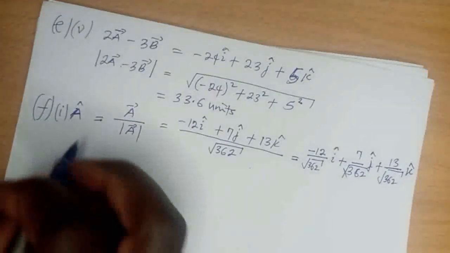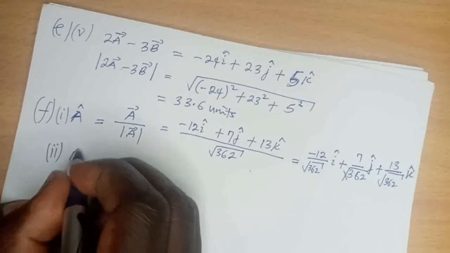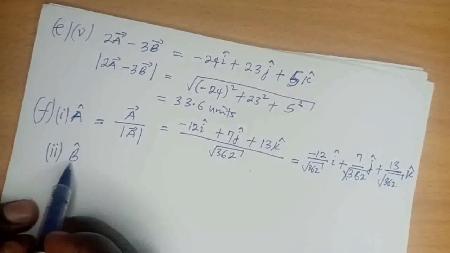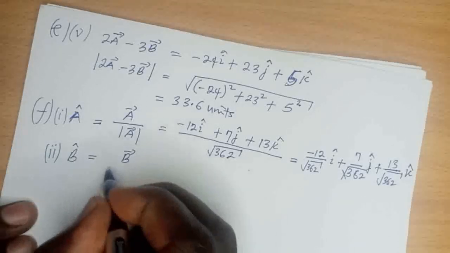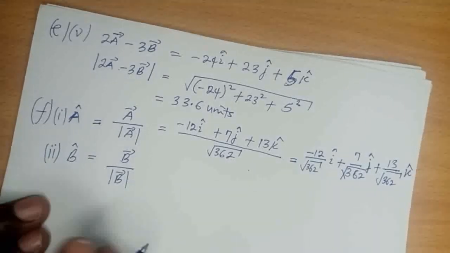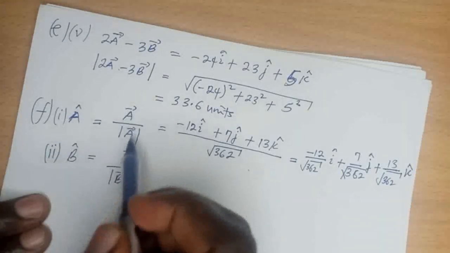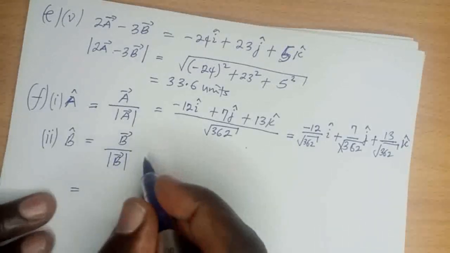In a similar manner you can obtain the unit vector in the direction of b, and this is vector b divided by the magnitude of b, just as we said vector a divided by magnitude of a. So here, what is my vector b?